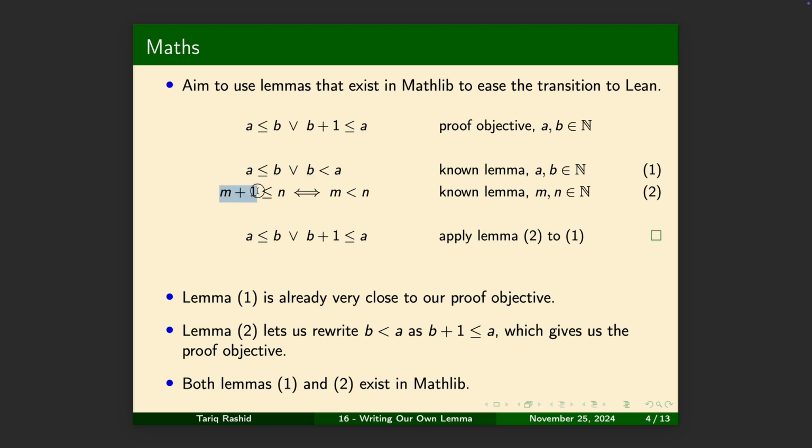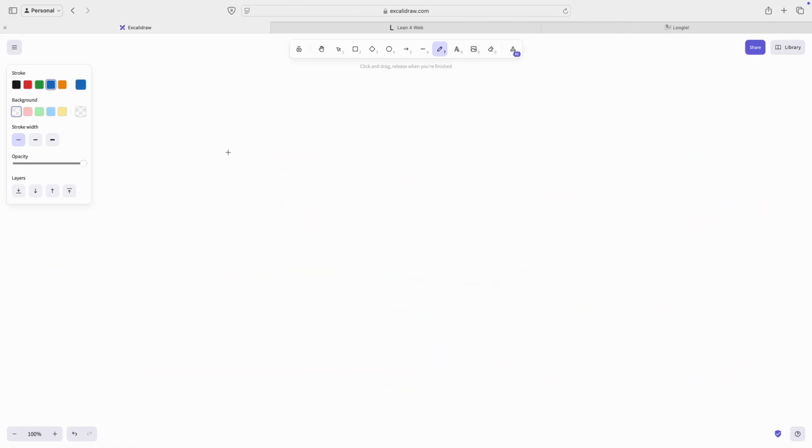Well, there's another lemma which says m plus 1 is less than or equal to n if and only if m is less than n. That can make sense. Let's illustrate that in case it doesn't. Let's illustrate that with some numbers.